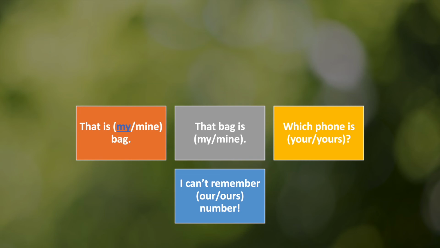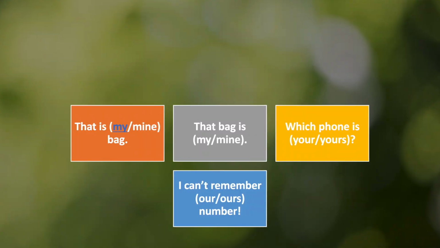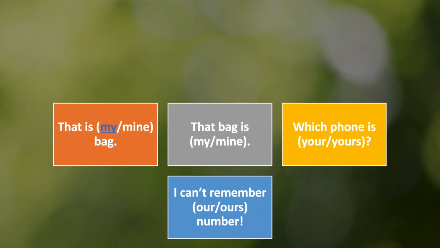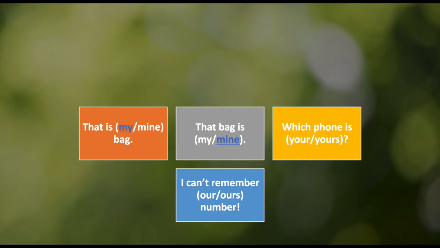So we know that independent pronoun cannot be used here because I have a noun. I can't use the noun together with the independent pronoun just before the noun. So it has to be a dependent pronoun. This is my bag. I could say this bag is mine.